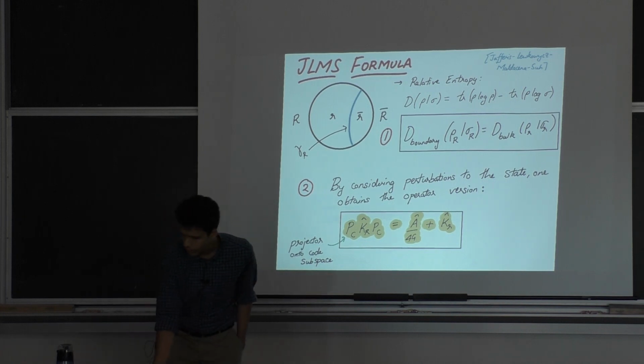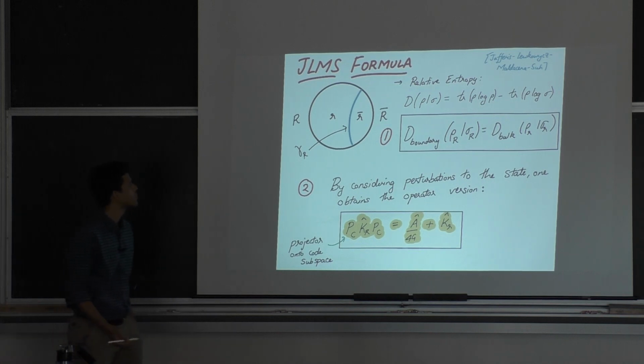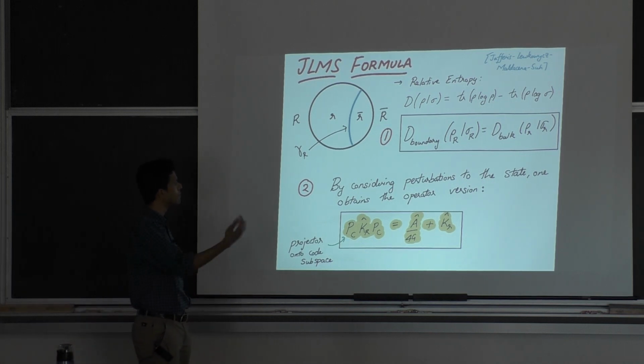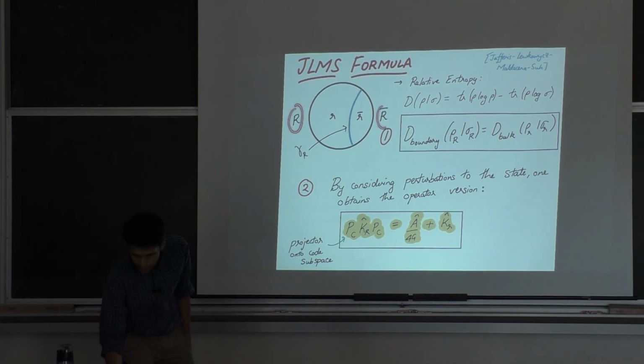The relative entropy is defined as this quantity, which is a measure of distinguishability between two states, let's say rho and sigma. And the JLMS formula, as told to us by these authors, says that in holography, the relative entropy computed on the boundary for some subregions, capital R and capital R bar, is to leading order the same as the relative entropy computed in the respective entanglement wedges.